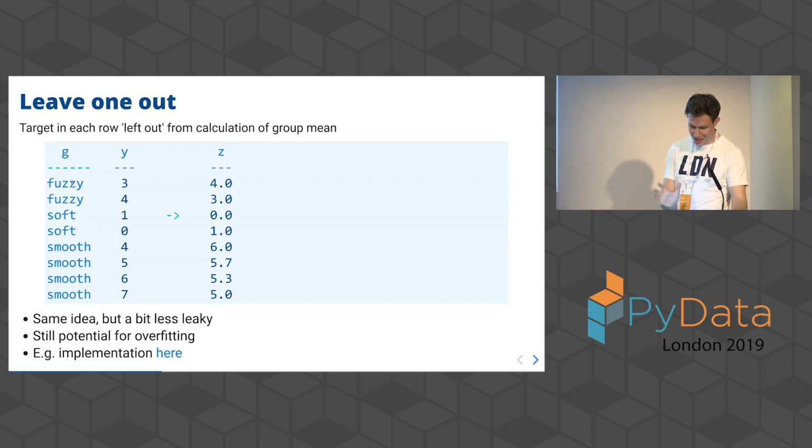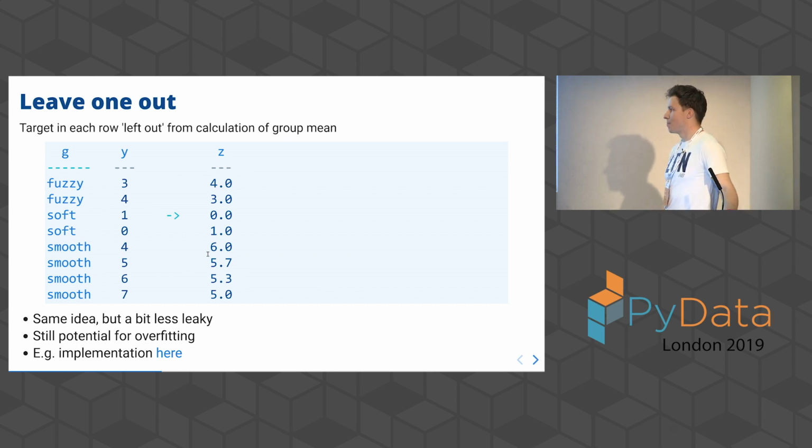Again, it's a tiny data set, so it's a little bit trivial, but in this row, the value for fuzzy is 3, and for the leave one out value, you just take the average of all other examples of fuzzy. In this case there's 1, so it's just 4. For smooth, you can see a little more variation. The value of 6 is the average of 5, 6, 7, and similar for the others.